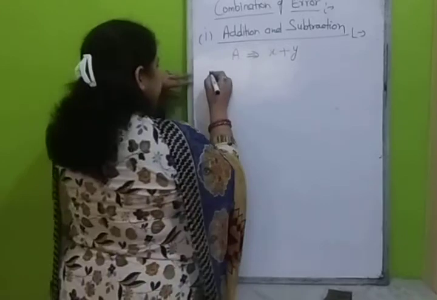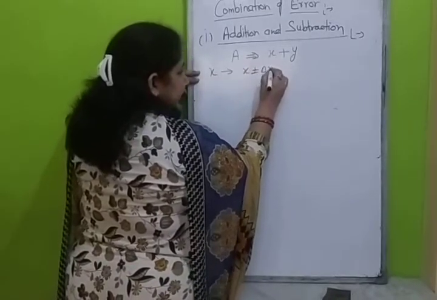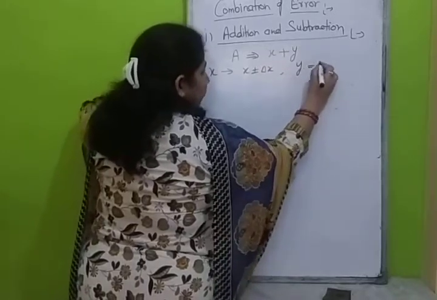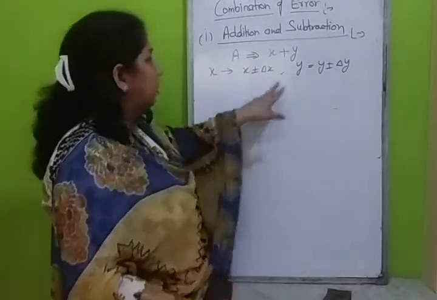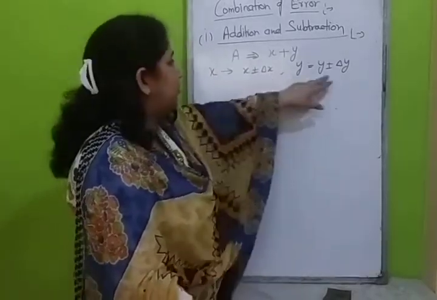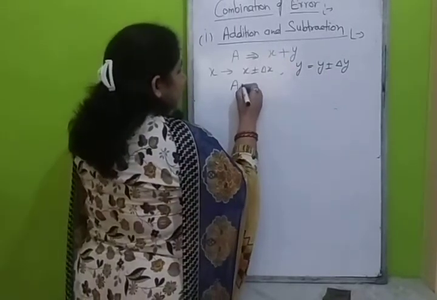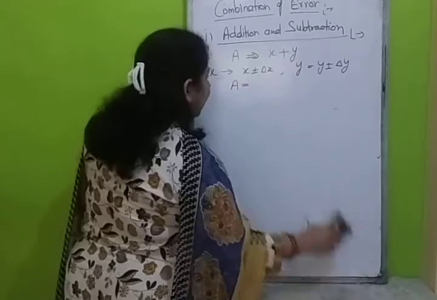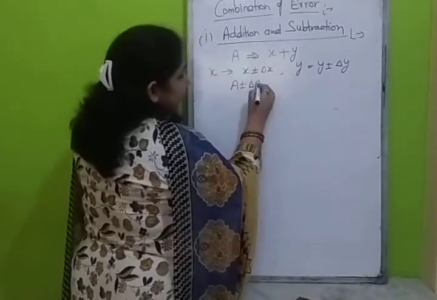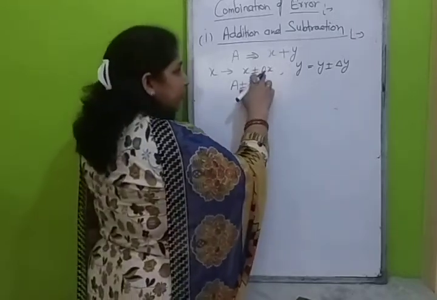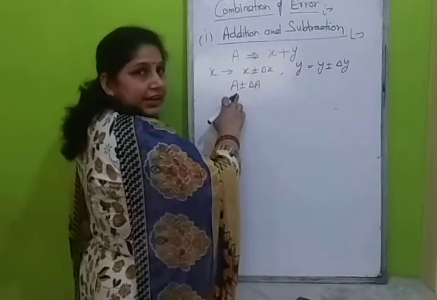If we have measured x as x plus minus delta x and y as y plus minus delta y, with the error we will measure and do the addition, A is equal to, then what do we have? We have A plus minus delta A. If there is an error in x and y, definitely there is an error in A.